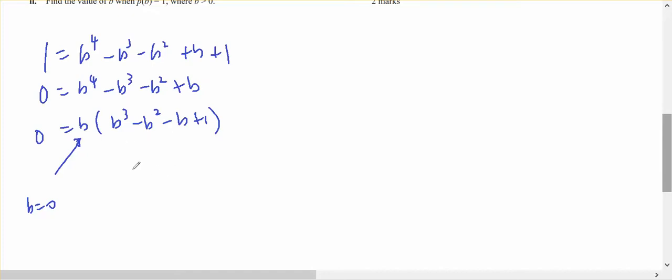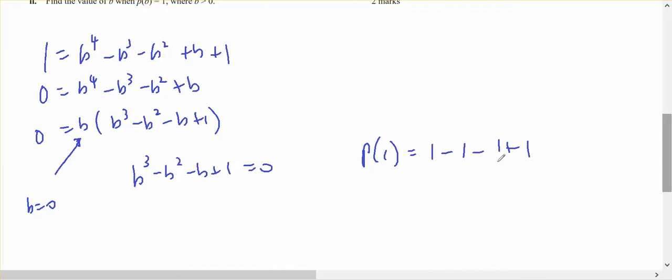I'm looking for b cubed minus b squared minus b plus 1 equals 0, so I'd like to factorise. P of 1 is 0, so 1 minus 1 minus 1 plus 1.